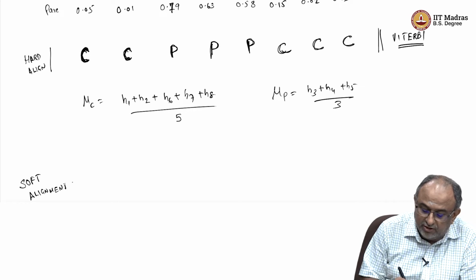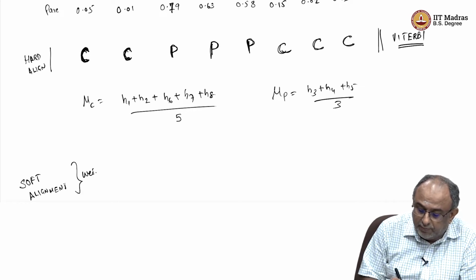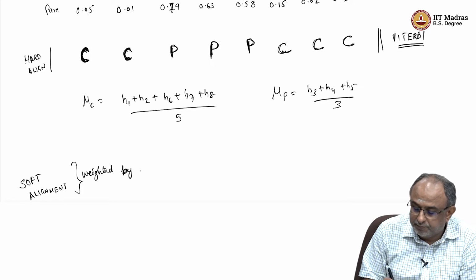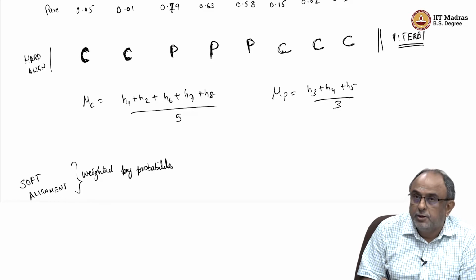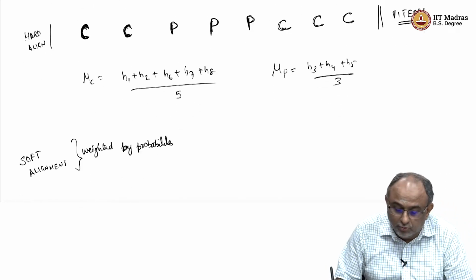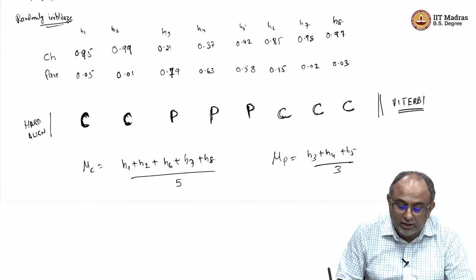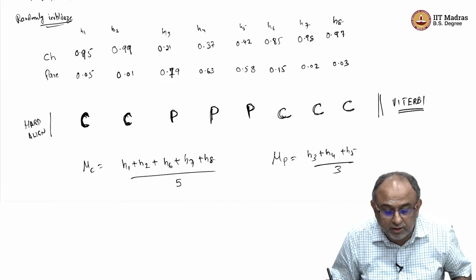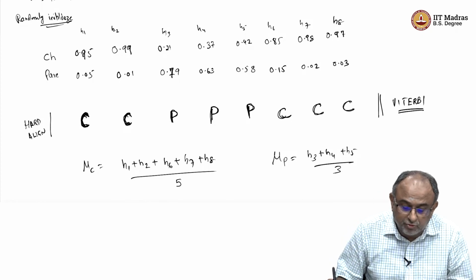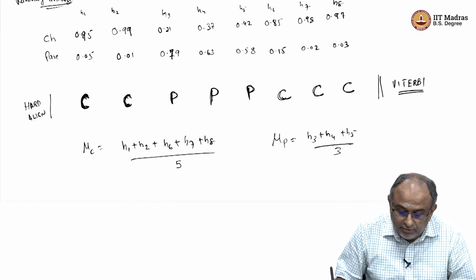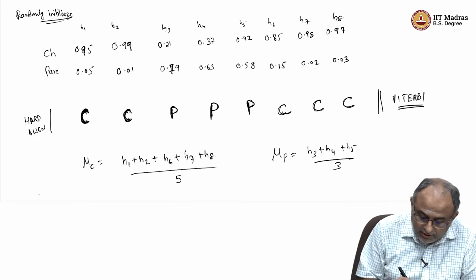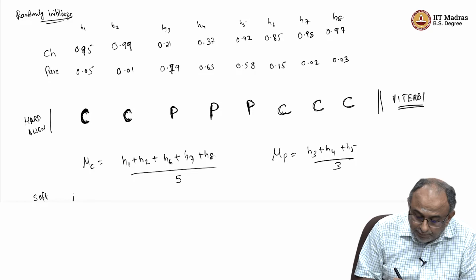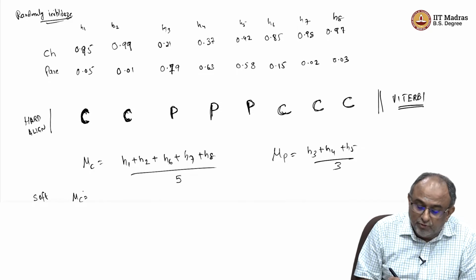So, here it is weighted by the probabilities. So, here what do I do? I have to make it slightly smaller. How do I do it? So, here what we do, this is soft, I will write it here so that you can see the calculation. Mu c is going to be a weighted average.